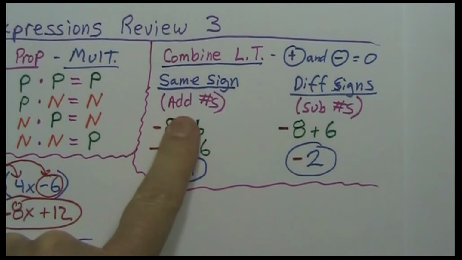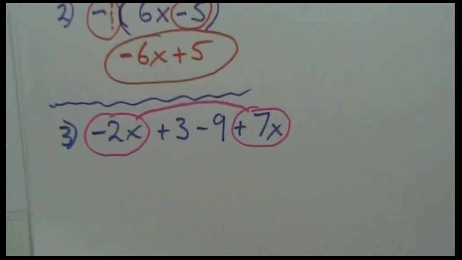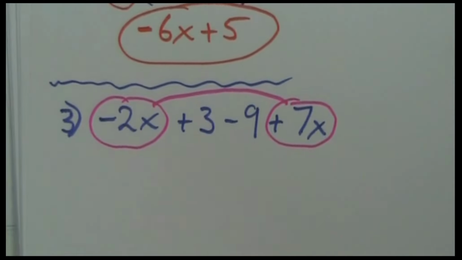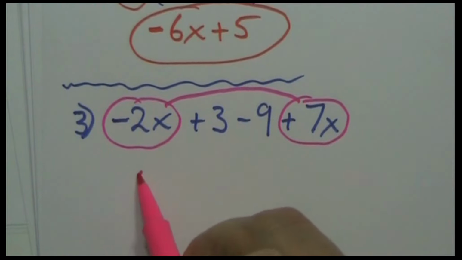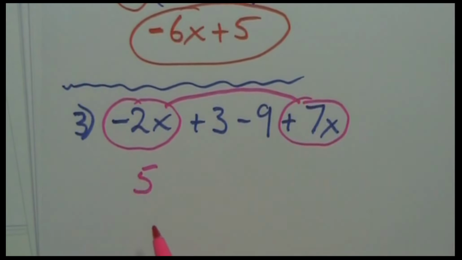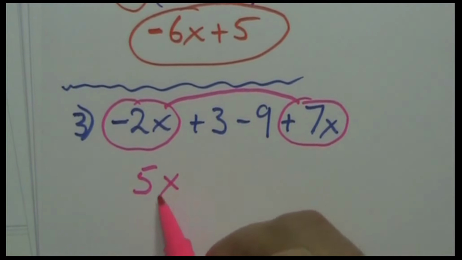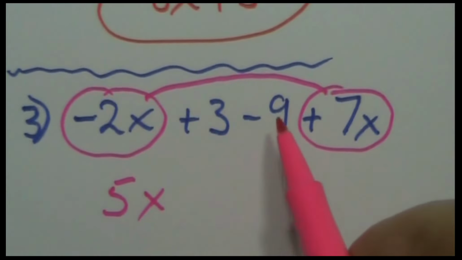Same sign, add them. Different sign, subtract. These are different signs, negative and positive, so I subtract. 7 take away 2 is 5, and there's more positive, so it's a positive 5x.